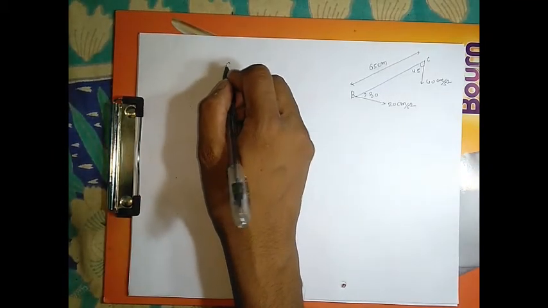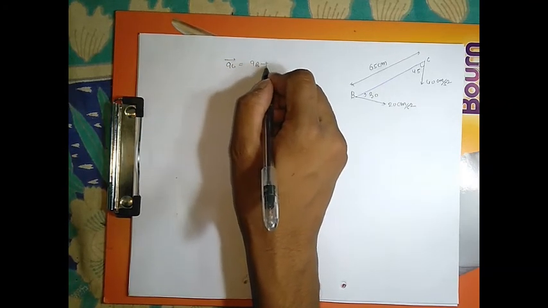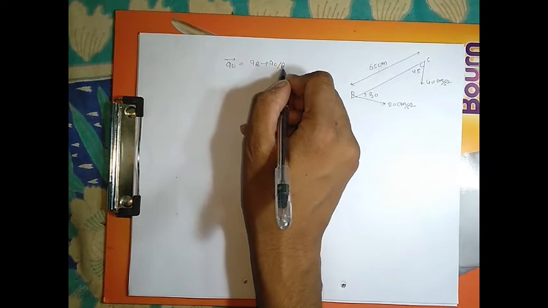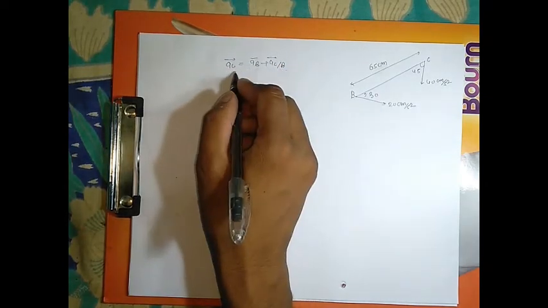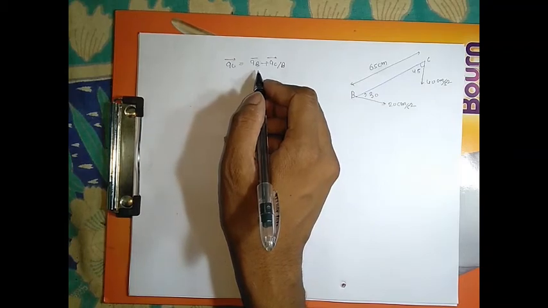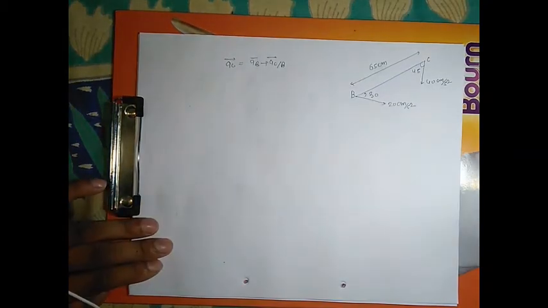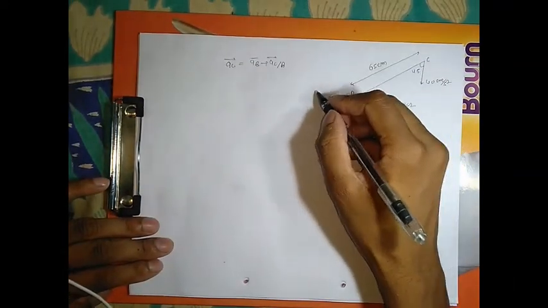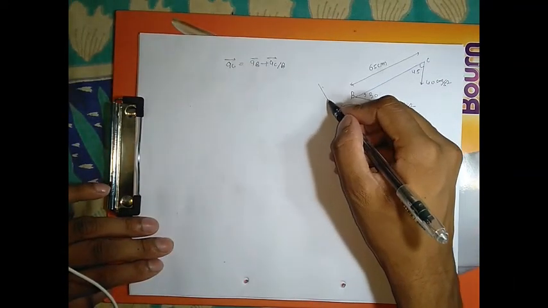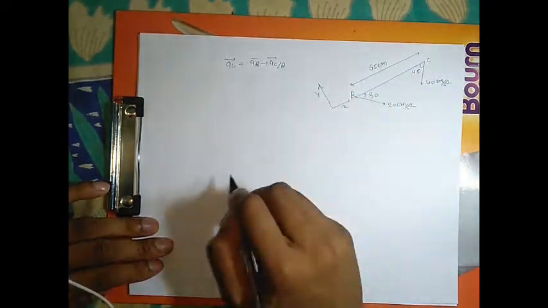Okay, then what equation do you write? You can write acceleration of C is equal to acceleration of B plus acceleration of C with respect to B, or you can write acceleration of B is equal to acceleration of C plus acceleration of B with respect to C. Not a problem, you can write both equations. So listen, I am assuming this is the x axis and this is the y axis.